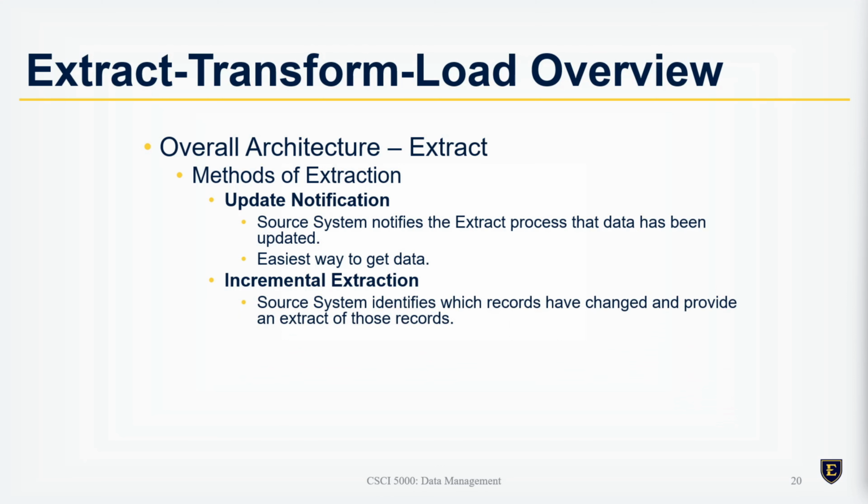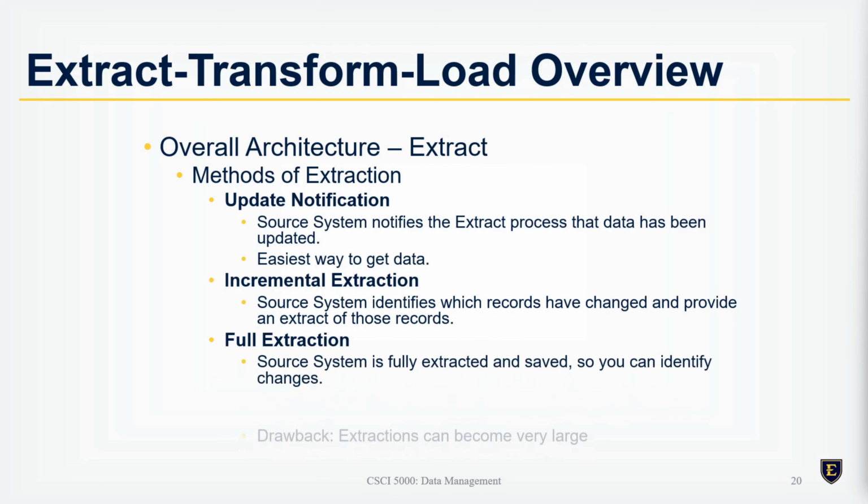Another way to get data is through an incremental extraction, where the source system identifies the records that have changed over time and provides you with an extract of only those records that have changed. Or you could do a full extraction where the source system is fully extracted and saved so that you can identify changes and move things around accordingly.